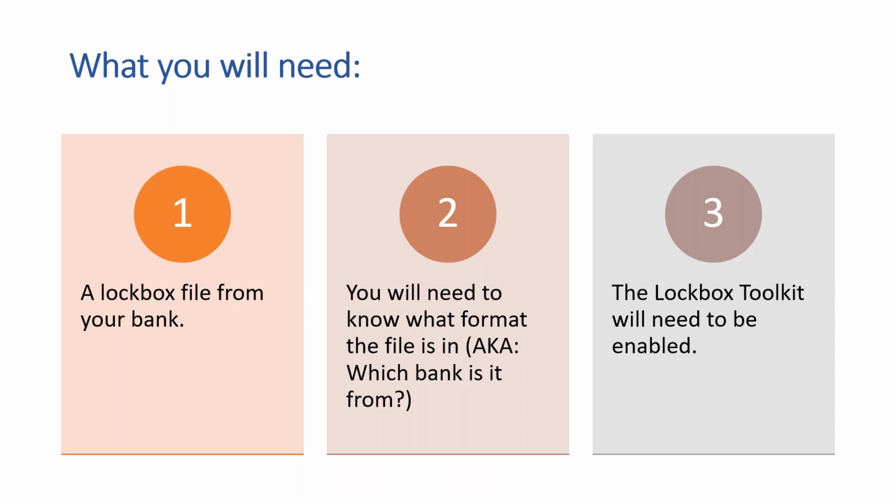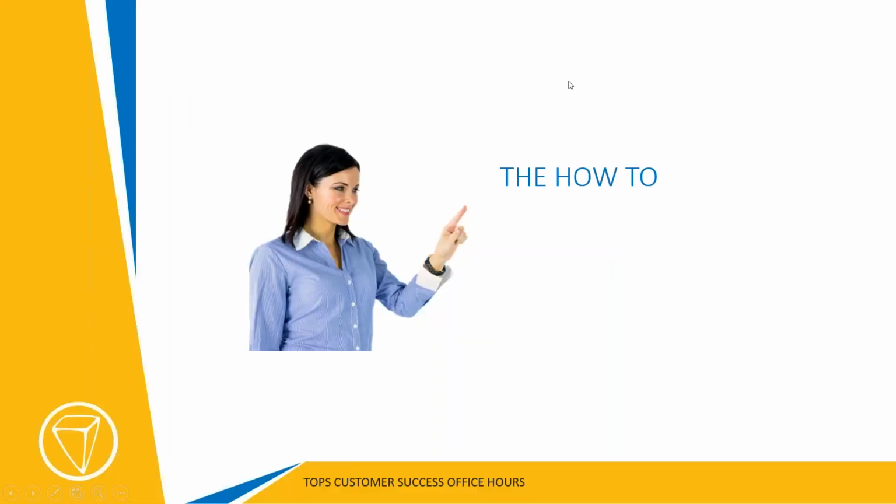You'll need to know what format the file is in, so which bank it's coming from. If it's not from any of the banks that we have partnership with, it would be a regular standard TOPS default. And number three, the Lockbox Toolkit will need to be enabled. And we'll go over how to do that as well, so don't worry if that's not done. And let's get down to the how-to.